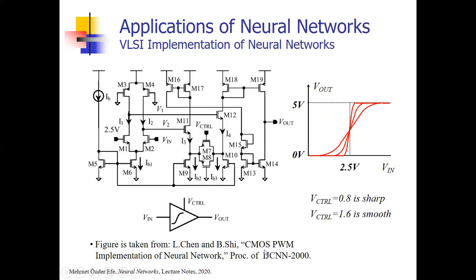The figure is taken from this paper, from 20 years ago, from a conference that I joined also in Washington, D.C. And it is possible to obtain neural network structures with these kinds of activation functions that are all tunable, that are all realizable.